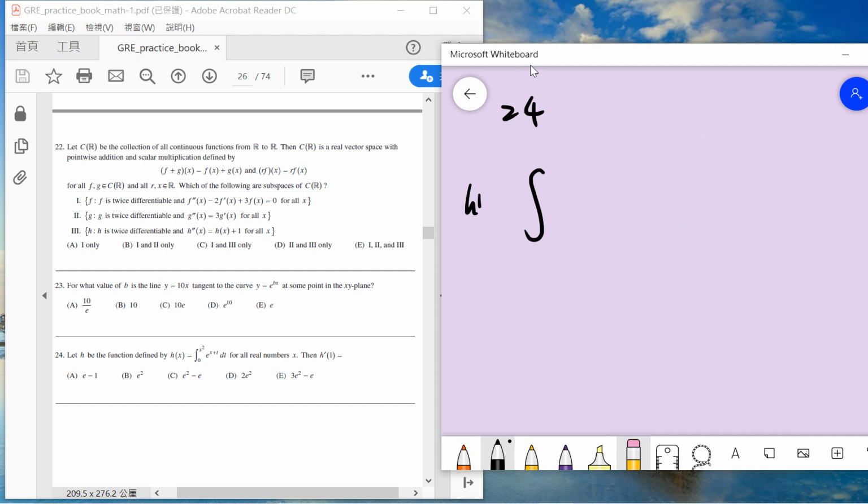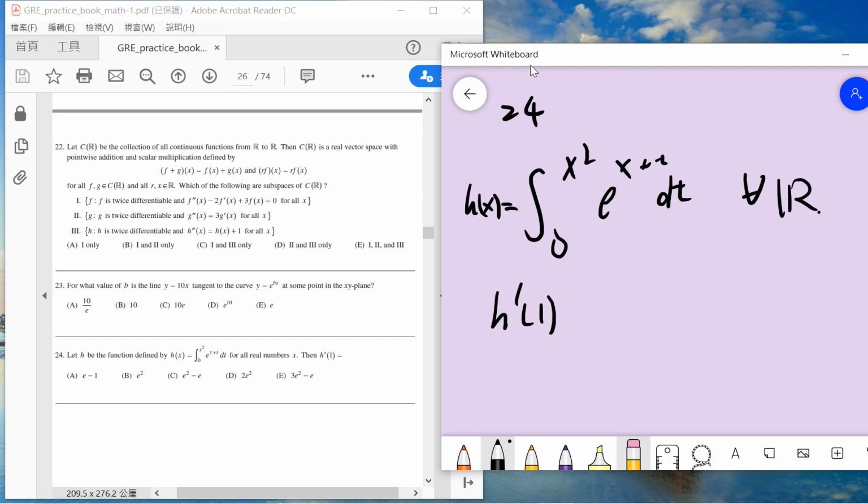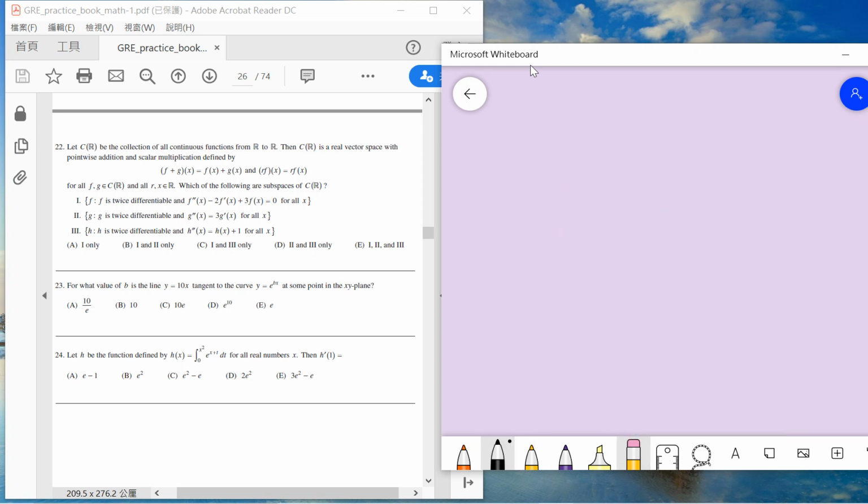24. H of x, t equals the integral of 0 to x squared of exponential t plus d dt, for real numbers. We want H1 prime. This can be solved by brute force calculation, because the exponential can be integrated.